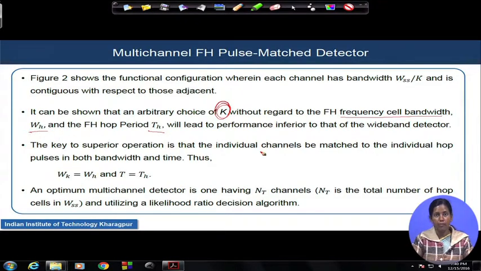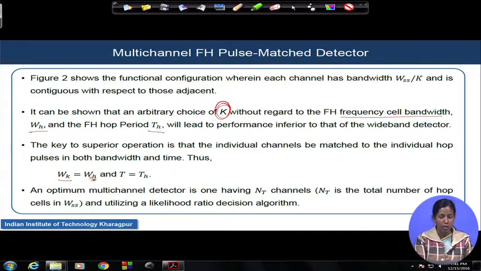The effective performance of the detector will be inferior to that of a wideband radiometer. The key to superior operation is that the individual channels must be matched to the hopping bandwidth, that means the individual channel bandwidth WK.